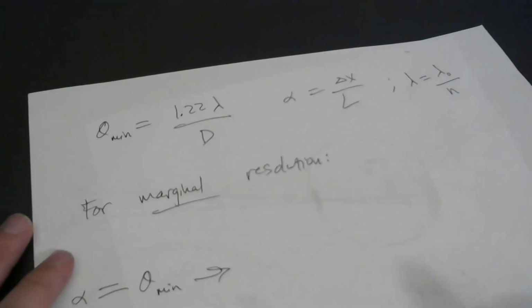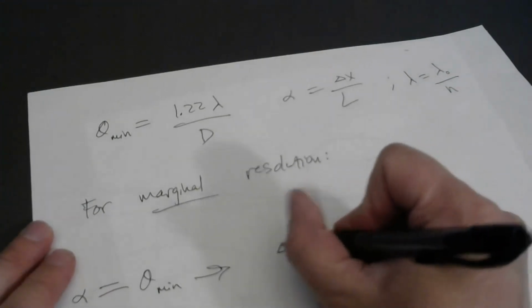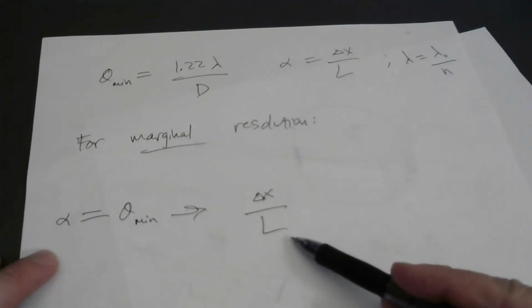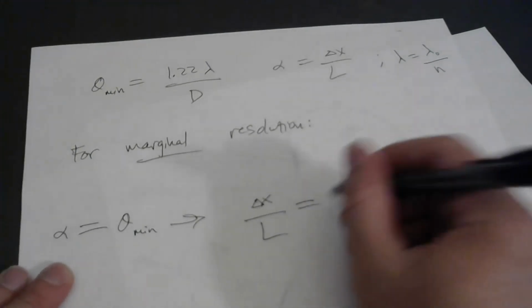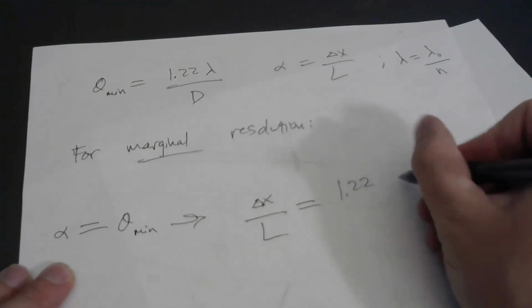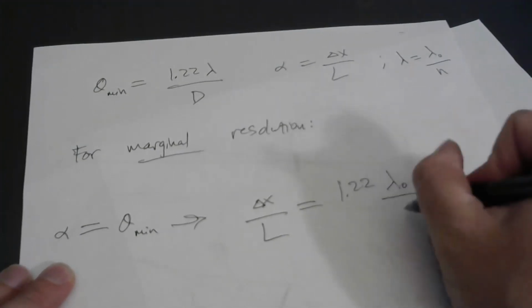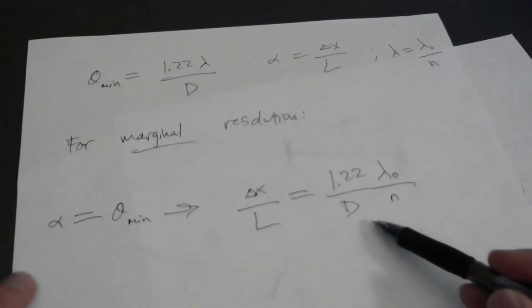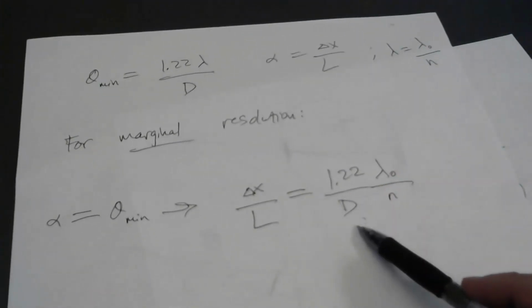Okay, so if we set these equal to each other, we've got distance between the headlamps divided by the distance to the headlamps. That's got to equal 1.22 lambda, well, that's lambda naught over n, all of that over the diameter of the hole being your pupil.